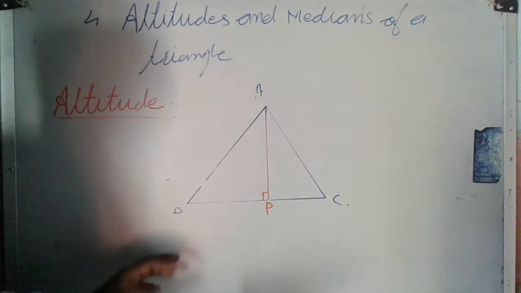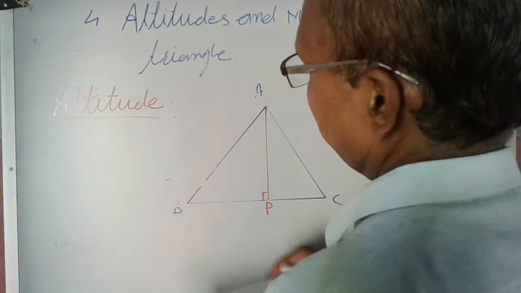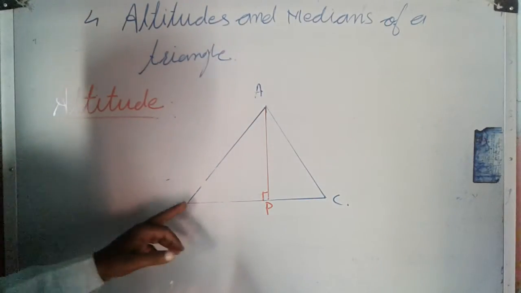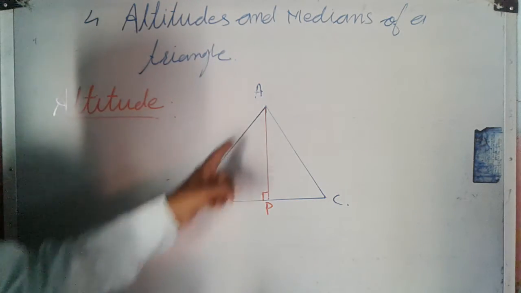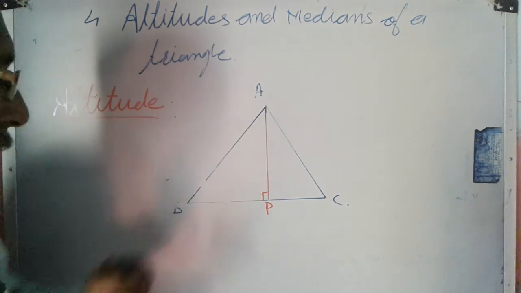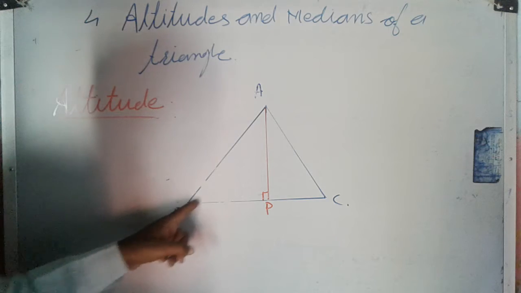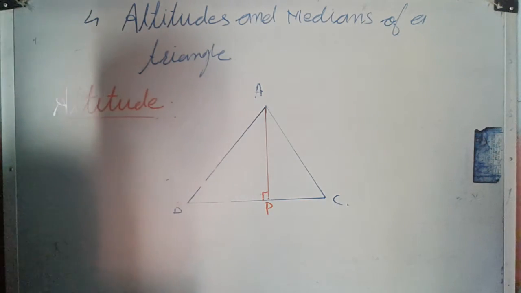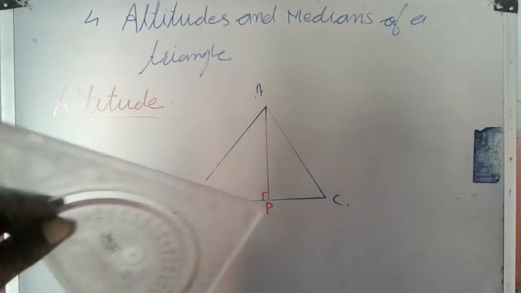Similarly, you can draw altitude from B also here. For that you have to draw a perpendicular from B on side AC. The opposite side of vertex B is AC, and the opposite side of vertex C is AB. So you can draw altitude from B on side AC and altitude from C on side AB using the same set square.